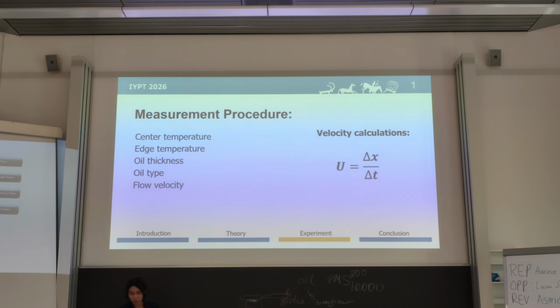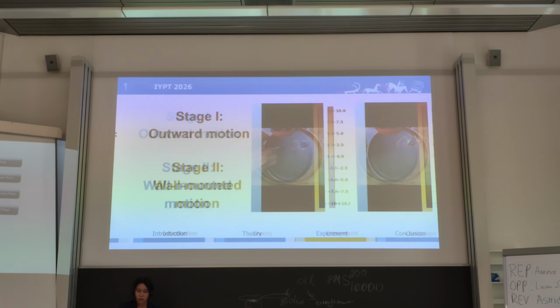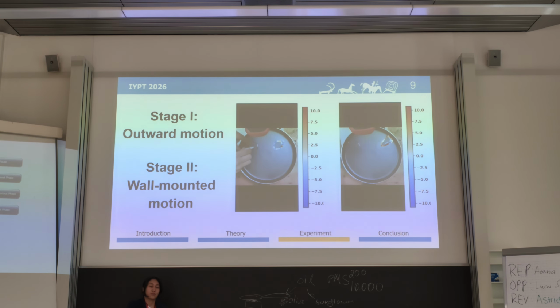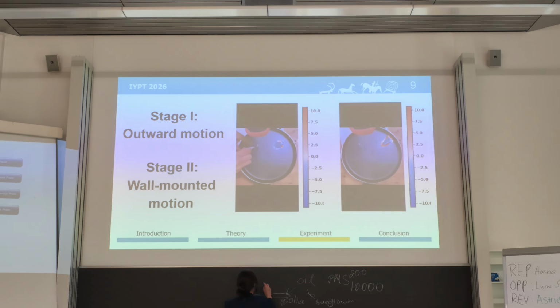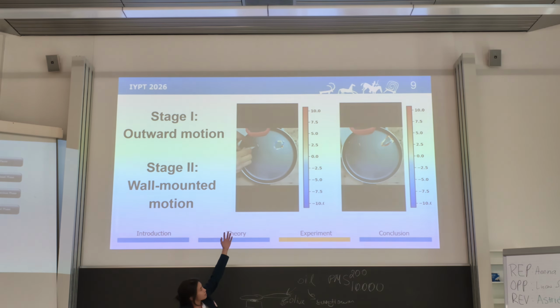So the measurement procedure, actually the main things that I have used is the center temperature, end temperature, oil thickness, oil type, flow velocity. So I have two stages. Firstly, because I do not have a truly ideal surface, I have a pan. So actually the pan has, maybe you can see the central circle, and also it has boundaries. First is outward motion, when oil does not hit the boundaries.